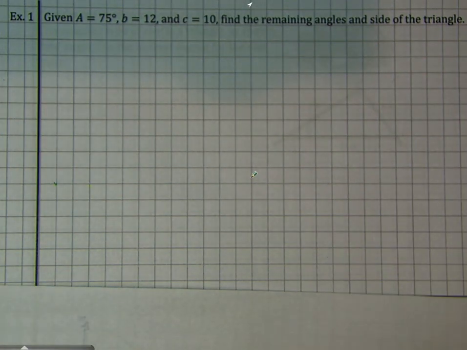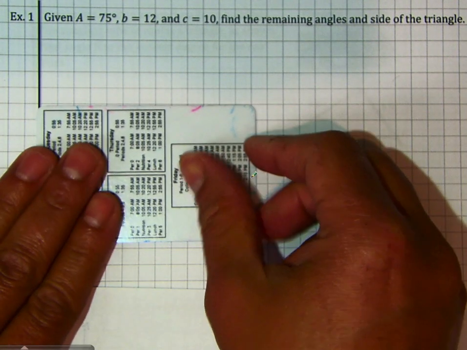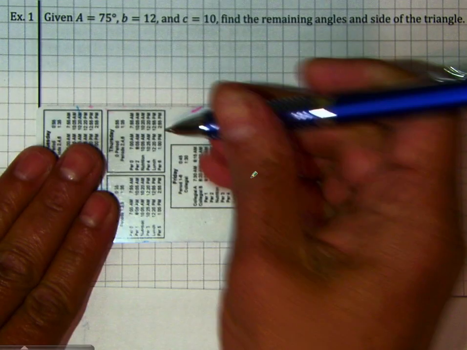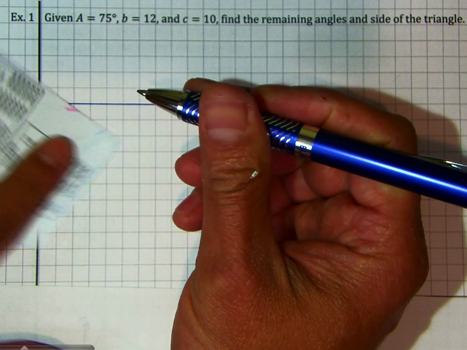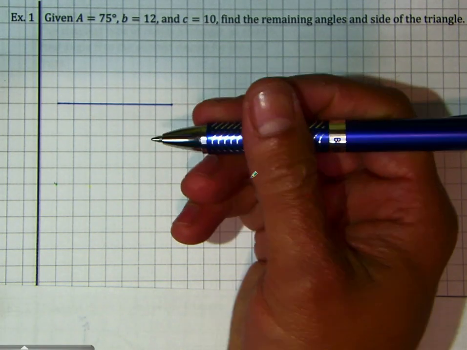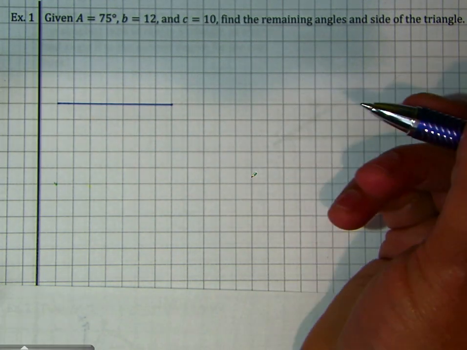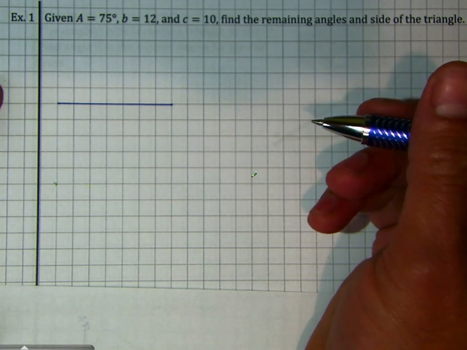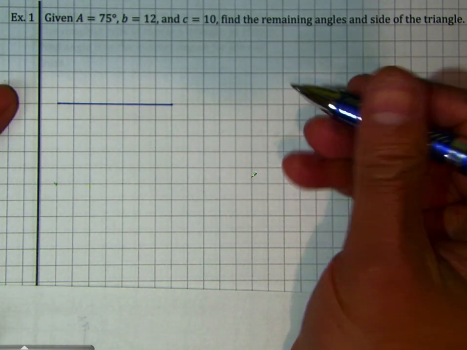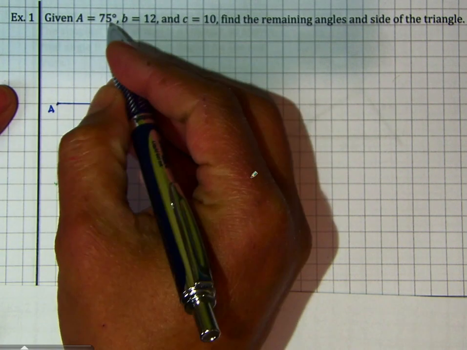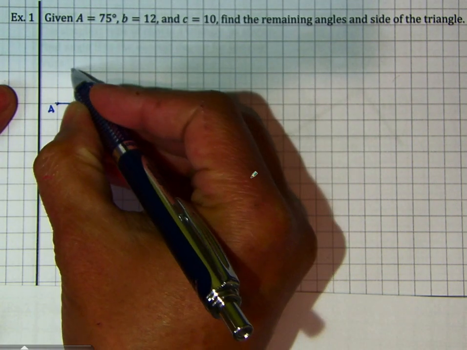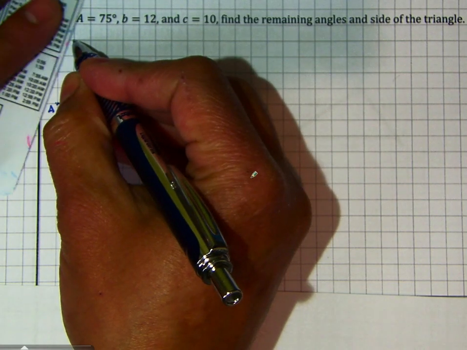Now, it is essential that you draw a triangle. So for your homework, you do need to draw a triangle. It makes it easier because you are going to visually see which law you need to use, and it helps you also memorize and visualize the process. I'm going to place angle A here, and 75 degrees.